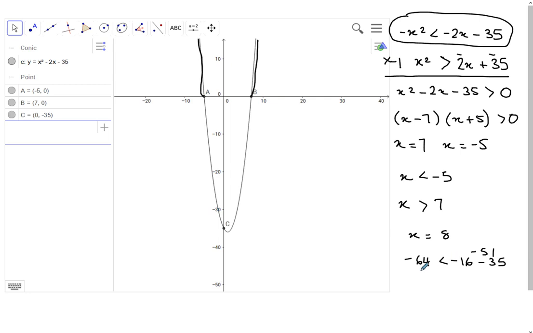Minus 64 is less than minus 51. Yes, it is. So you can tell by multiplying it by negative 1 and changing the sign, it still works. All right? Okay, let's take the final one.